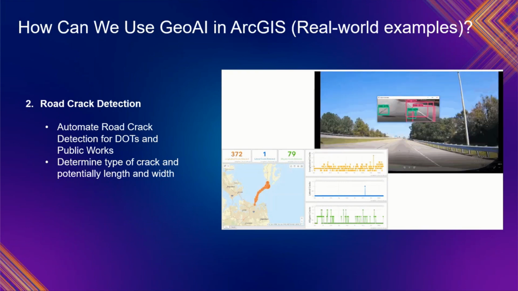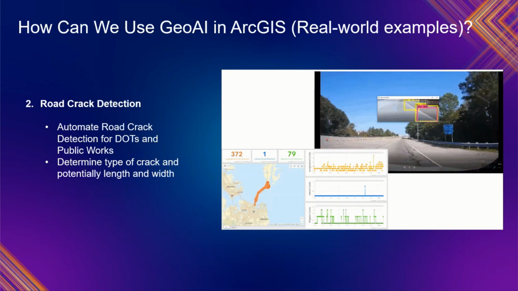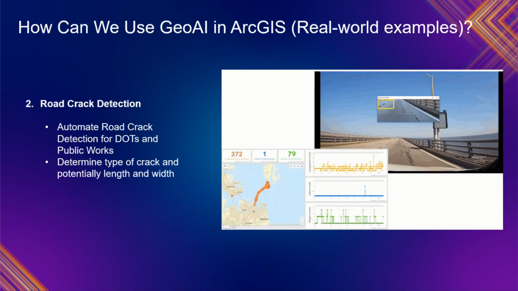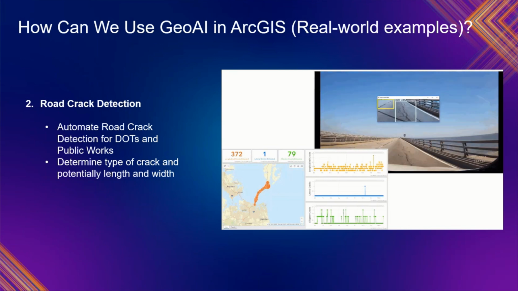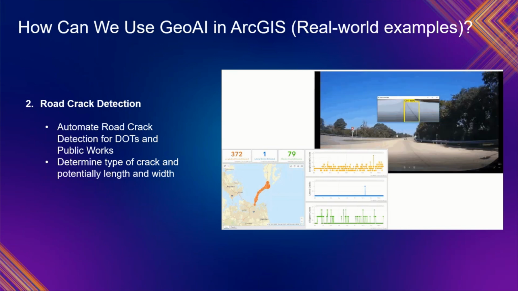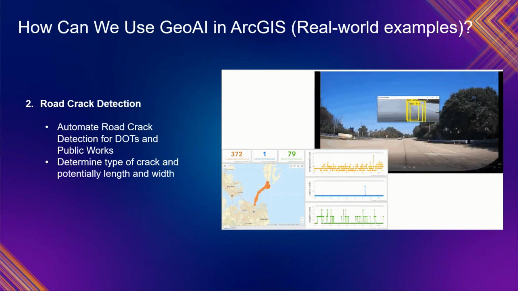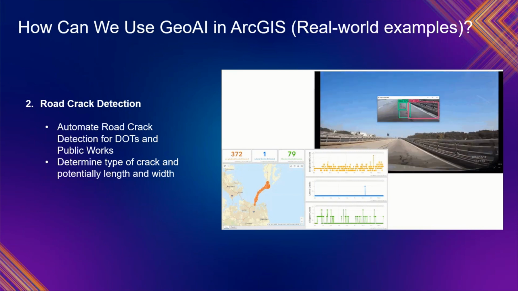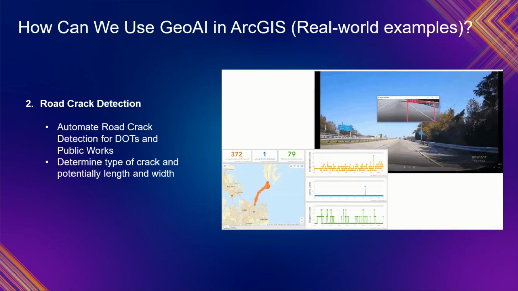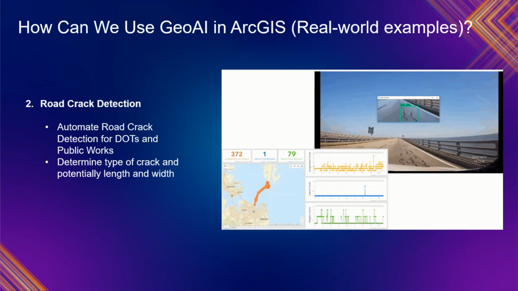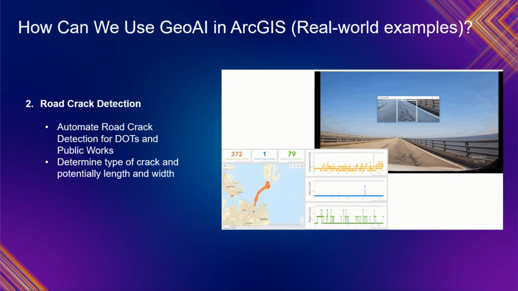There's also road crack detection. This is another cool example, by the way, because it doesn't use live video feeds, but it does use a video camera placed on top of a car, and then the car is simply driving along the road. Automatically, the images captured from the video are being geotagged frame by frame. The combination between the frames is being detected, so each road crack isn't being identified twice, but rather only once.